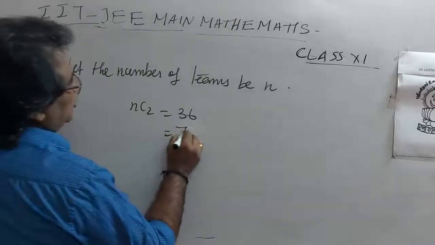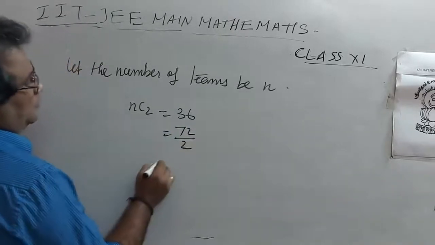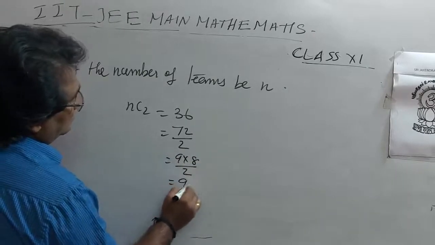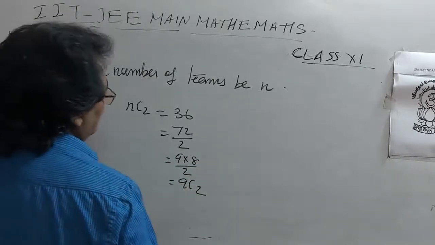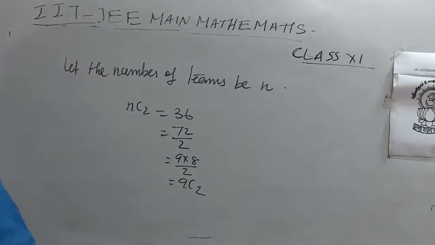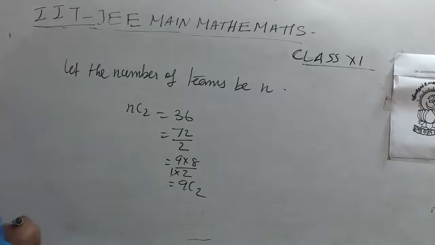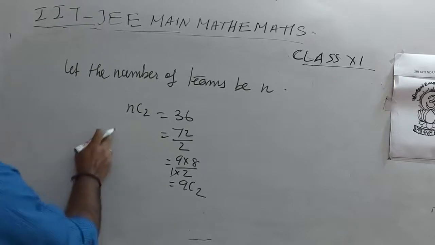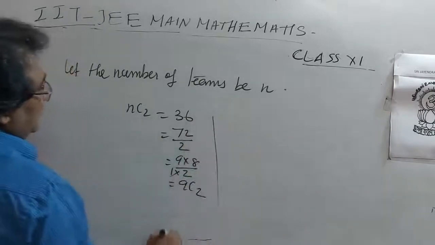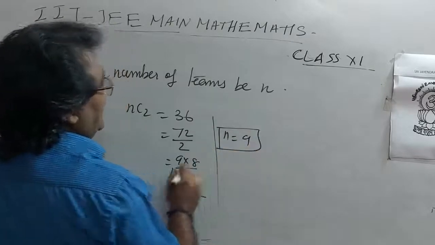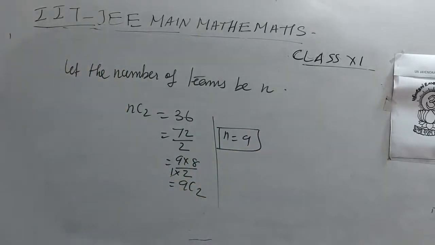We can write as 72 by 2. That is 9 into 8 by 1 into 2. That is 9C2. So nC2 equals 9C2. Therefore, n equals 9.